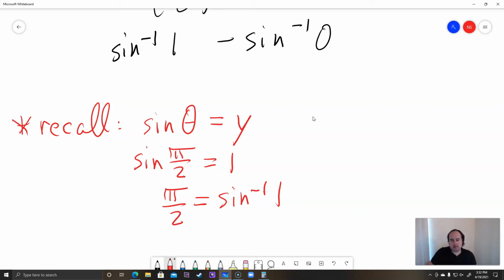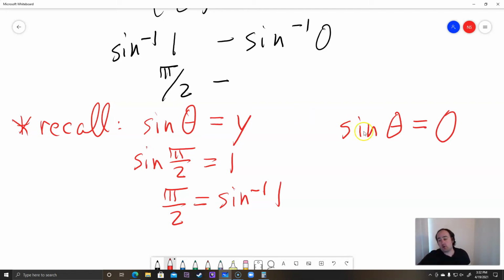Okay, and then we can do the same thing for sine inverse of 0. So sine inverse of 1 is pi over 2. We write that down. And then subtracting sine inverse of 0. Well, if you have sine inverse of 0, that's the same as saying sine of theta equals 0.